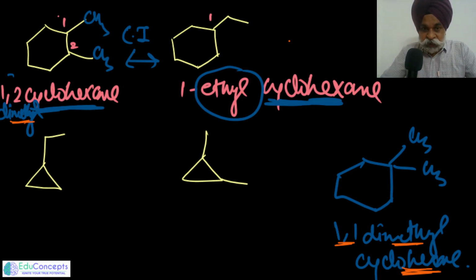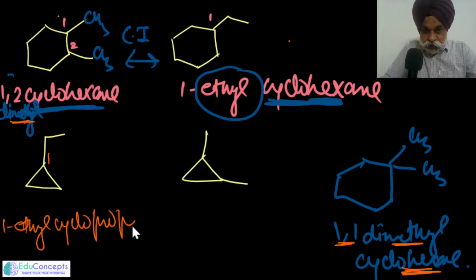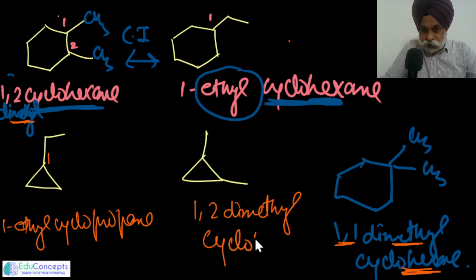Now again, if I have to talk about these two, so this is 1-ethylcyclopropane, and here it is 1, 2-dimethylcyclopropane.